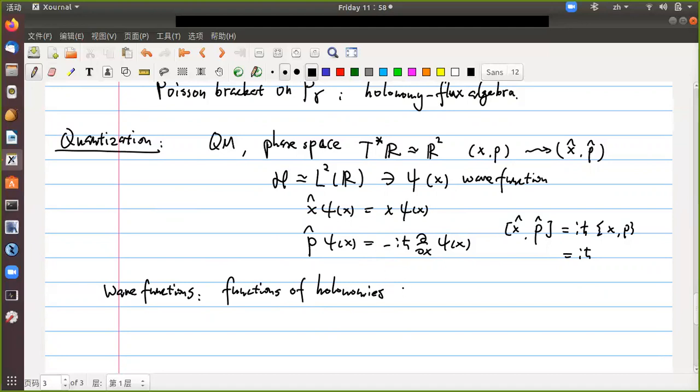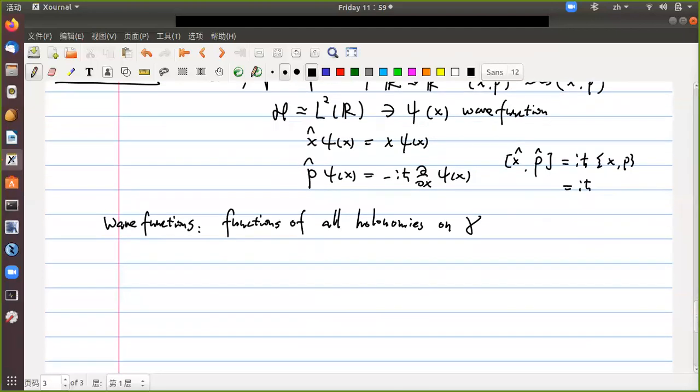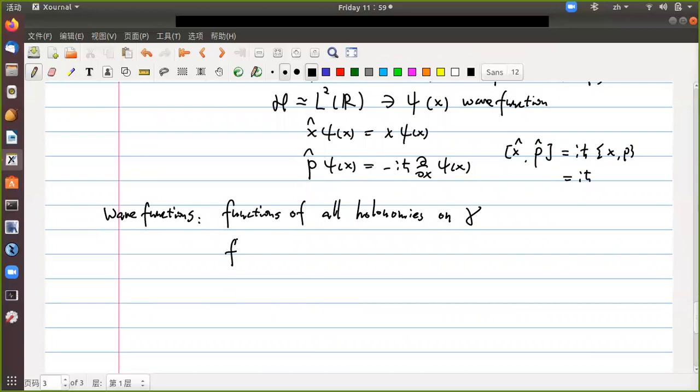Let me say a function of all holonomies on your lattice gamma. Which means your lattice has many edges, and you should take into account all the holonomies along all the edges, as variables of the function. The wave function is just a function of all those holonomies.